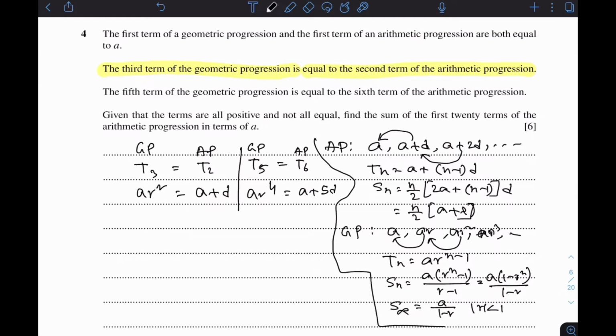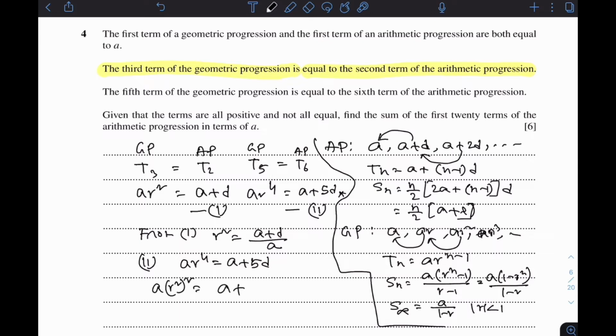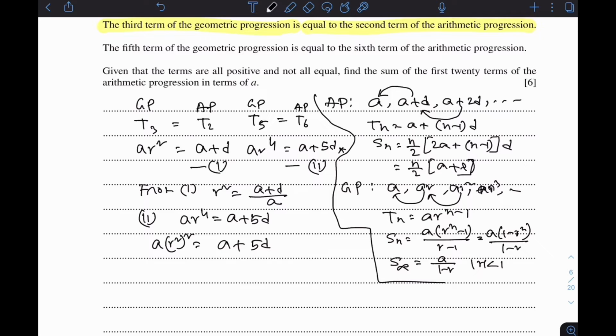So now we have formed two equations. From one, we can make r square the subject: r square equals (A plus D) by A. From 2 we can substitute it: A r square whole square equals A plus 5D, so A into (A plus D by A) whole square equals A plus 5D.